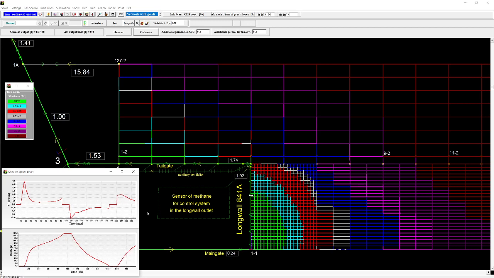We can see that the controller prevents the methane concentration level from being higher than 2% limit. However, as we are close to this 2% limit, the shearer advance velocity has to be considerably reduced.